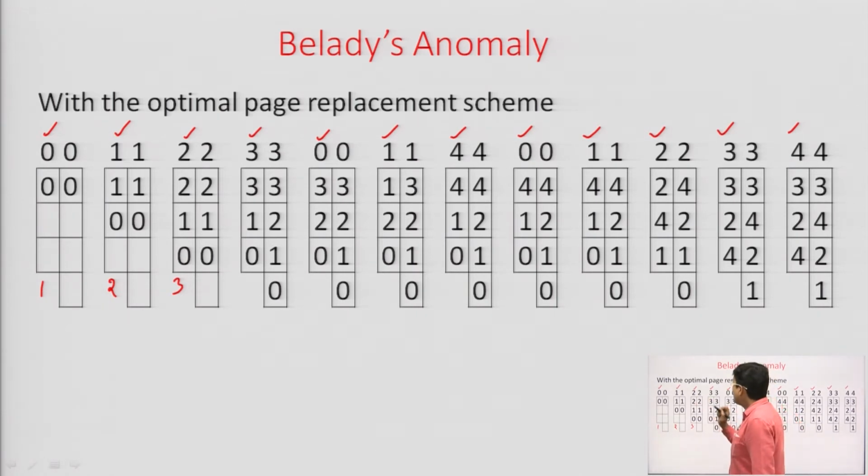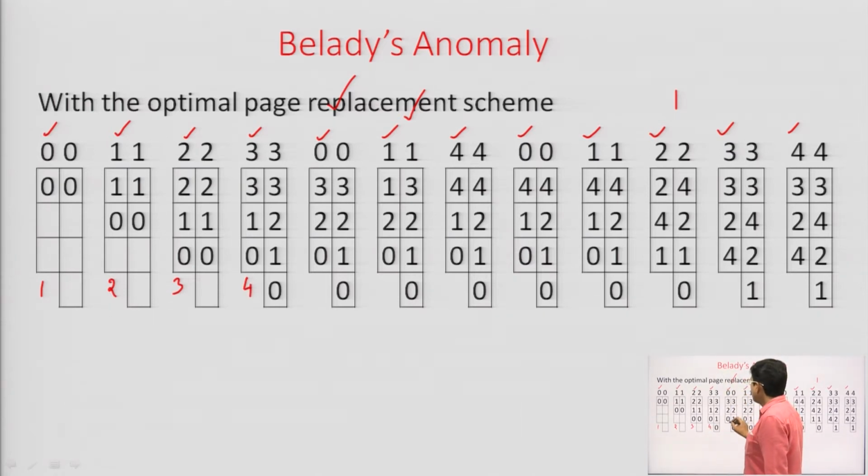Since 2 will be referenced at this point, 1 will be referenced here, and 0 will be referenced here. Immediately after 3, 0 will be referenced, so 0 has to be retained. 1 will be referenced later, so 1 has also to be retained. 2 will be referenced quite late. So, we will be replacing 2 with 3.